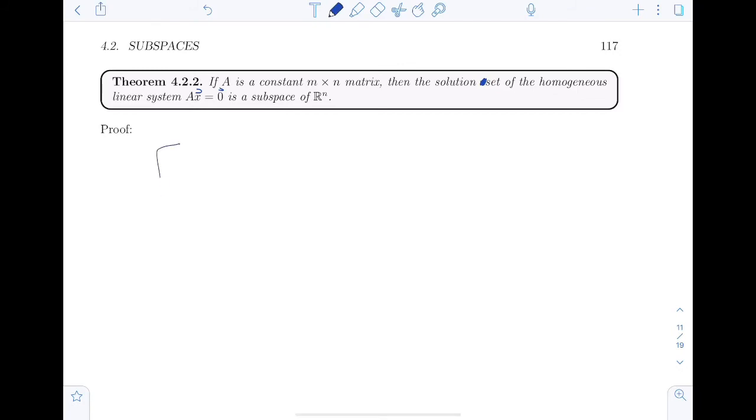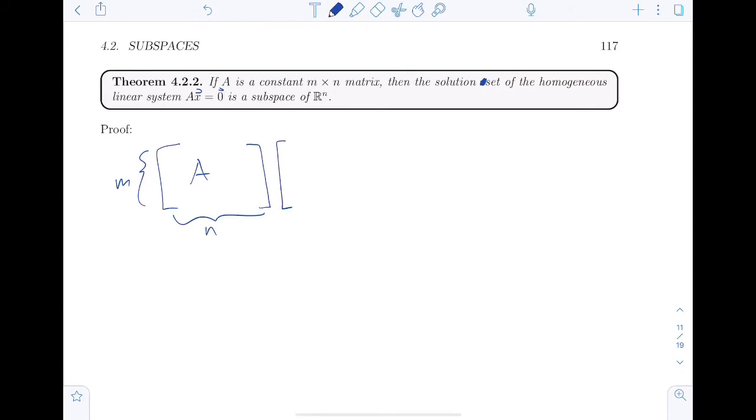Well, A is an m by n matrix, right? So this is A right here. There are m rows and n columns.